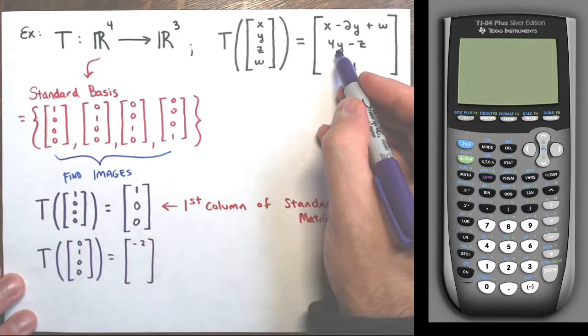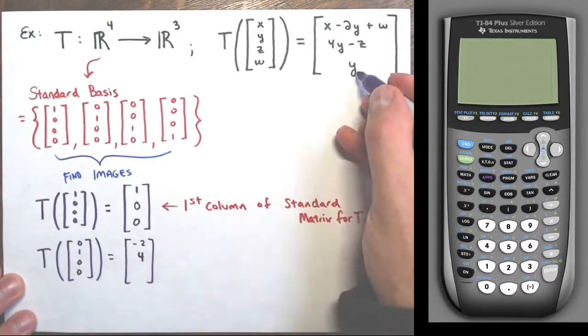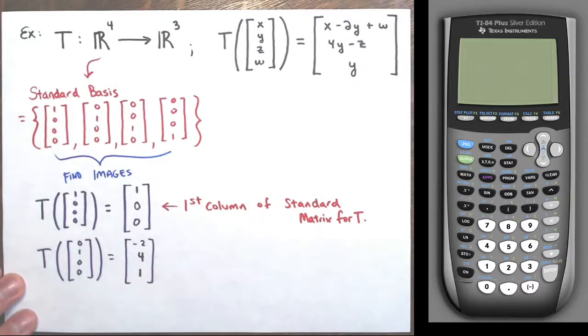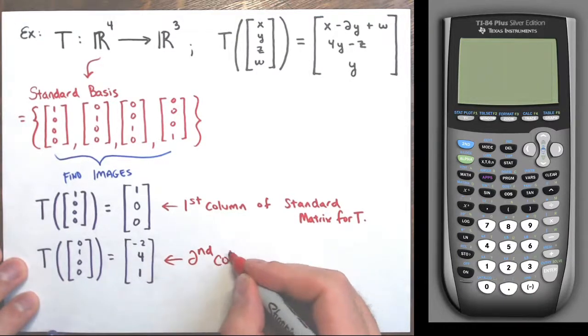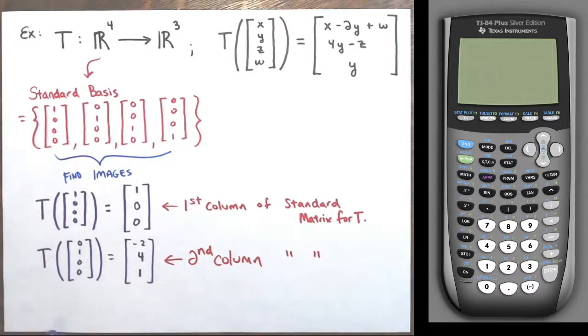Then 4 minus 0, 4. And then 1. This will be the second column. I'm just going to write second column, and just know that I mean of the standard matrix for T.